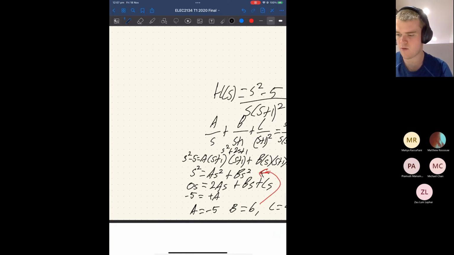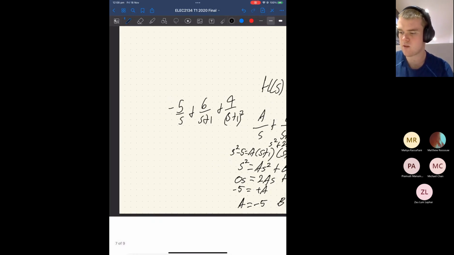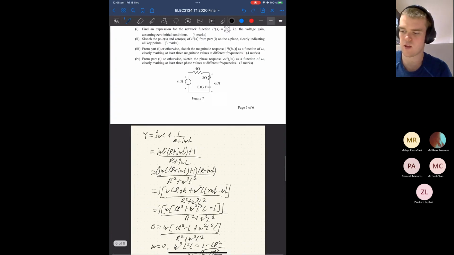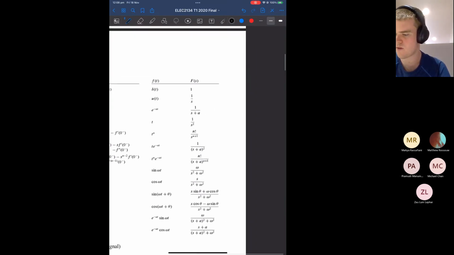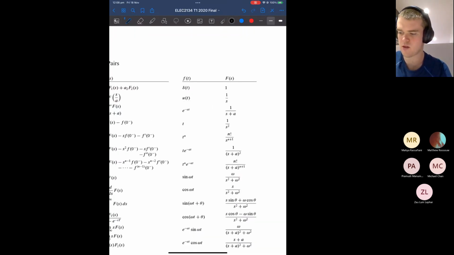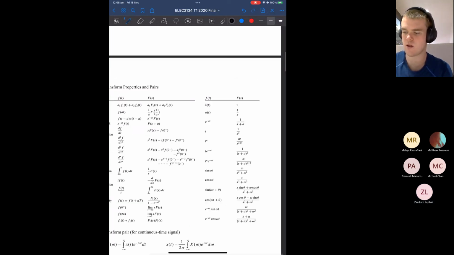And then we're going to have minus 5 on s plus 6 on (s plus 1) plus 4 on (s plus 1) squared. We can look at the start, where we have 1 on s is u(t), 1 on (s plus a) is e to the minus at, and 1 on (s plus a) squared is t e to the minus at.